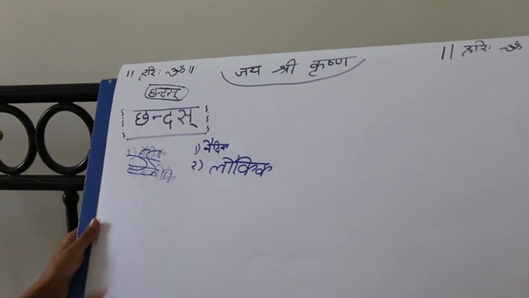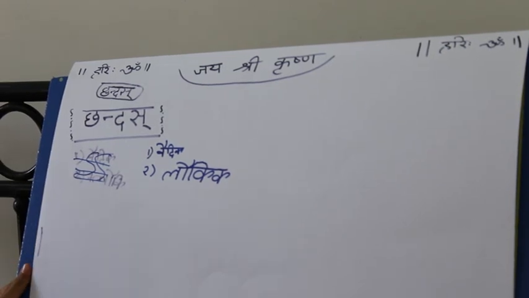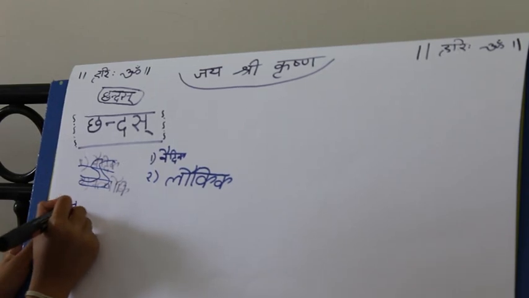The Laukika Chandas has many other types of Chandas, of which I shall explain a little today. The most important and the main one of them is Anushtup Chandas.